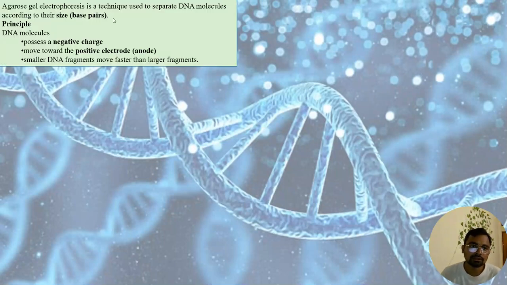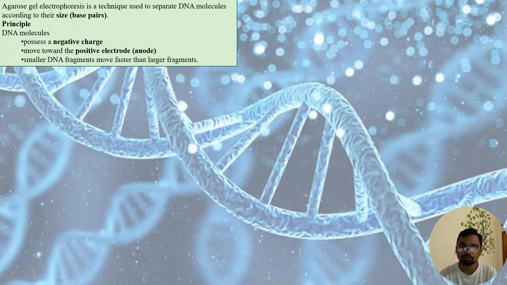Okay, so this is the agarose gel. We use the agarose gel in electrophoresis techniques to separate DNA molecules according to their size or weight. A DNA that has a larger size has a higher molecular weight. DNA molecules have a phosphate backbone, so they are highly negatively charged.